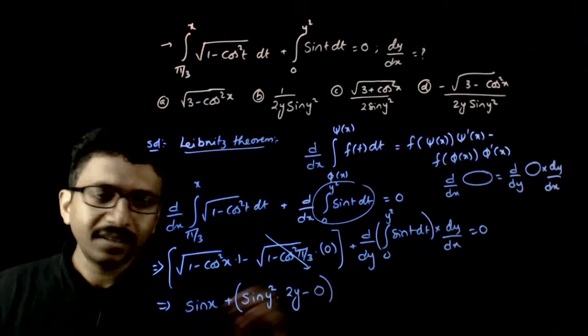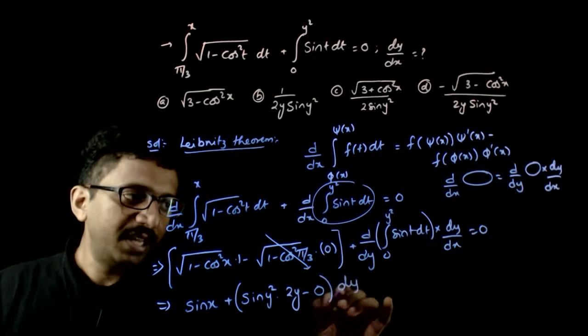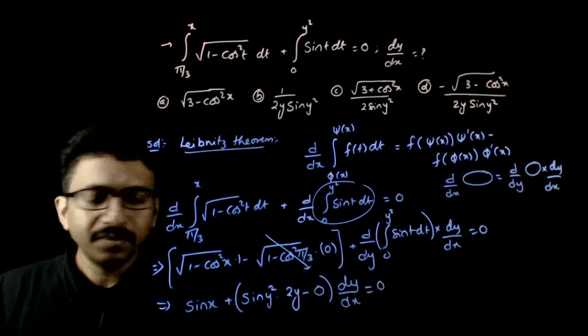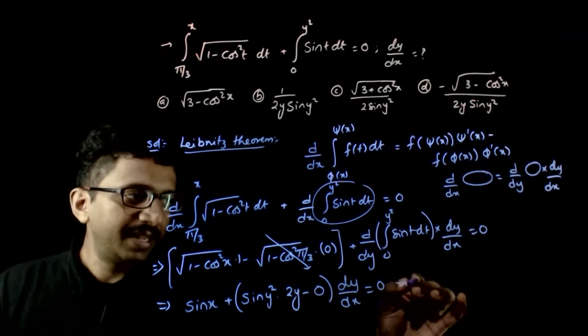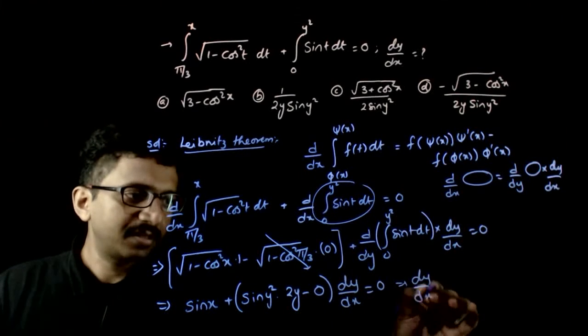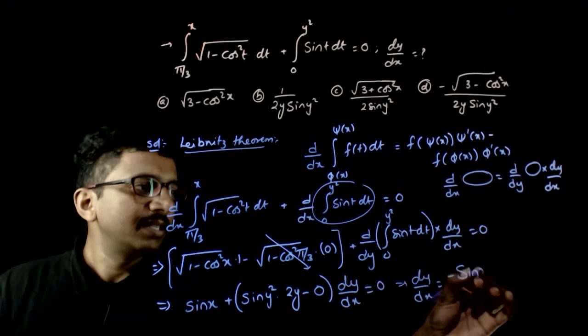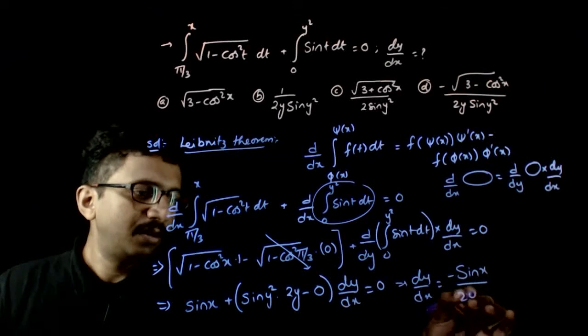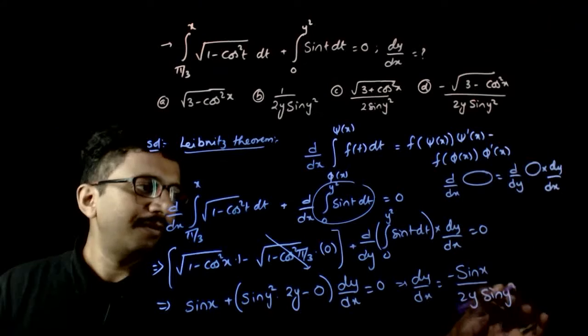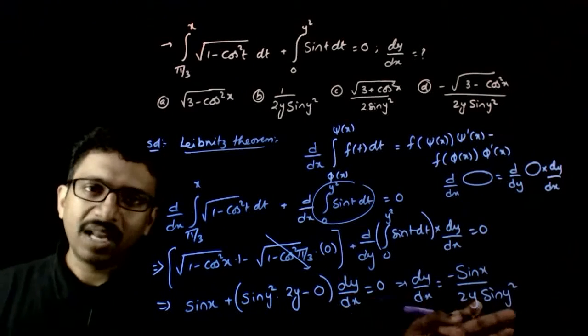So you don't need to write that, into dy by dx is equal to 0. This implies dy by dx is equal to minus sin x by 2y sin of y square. So this is the value of dy by dx.